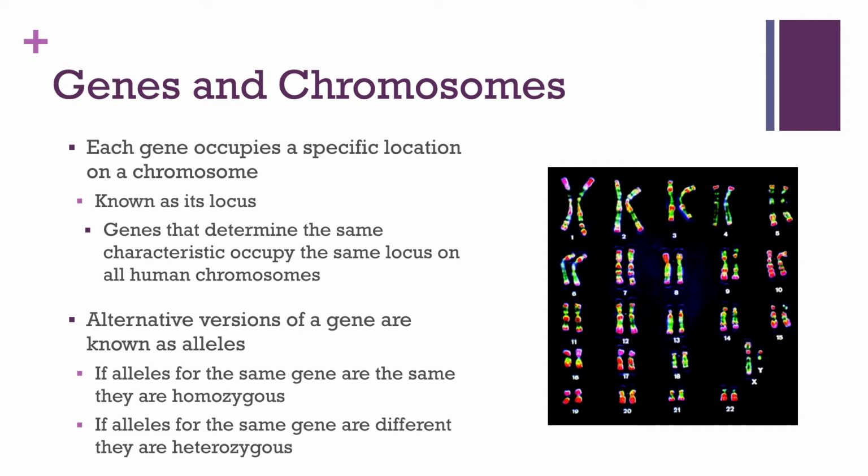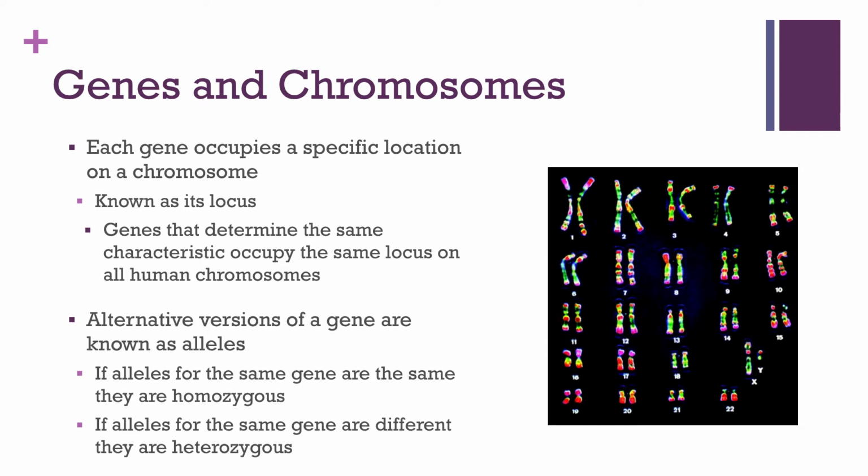You have either a dominant allele, which means that that trait will show if it's present, and then a recessive allele, which is hidden if a dominant is present. The only way that a recessive allele can show is if both alleles in the individual are recessive. If the alleles of the same gene are the same, they're said to be homozygous, and there are two forms of that.